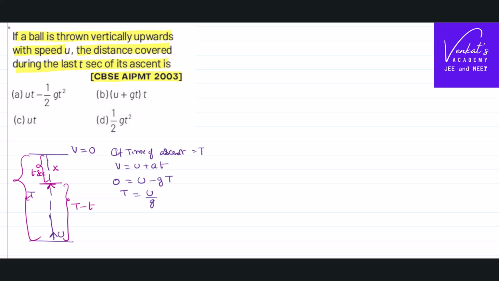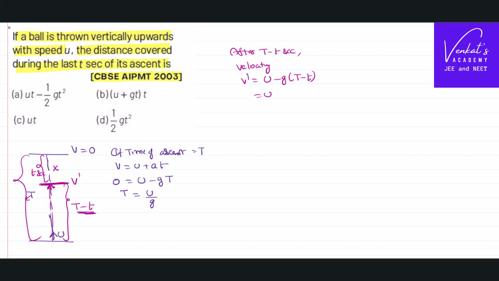So before starting that last t seconds, it acquires a different velocity, and I want to calculate what that velocity is. So after T minus t seconds, velocity v dash equal to, of course, the same kind of formula, u minus g, but after a time of T minus t.